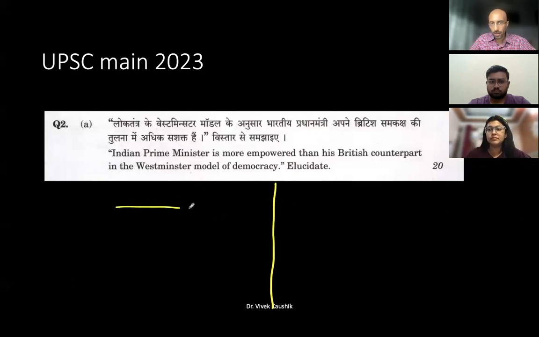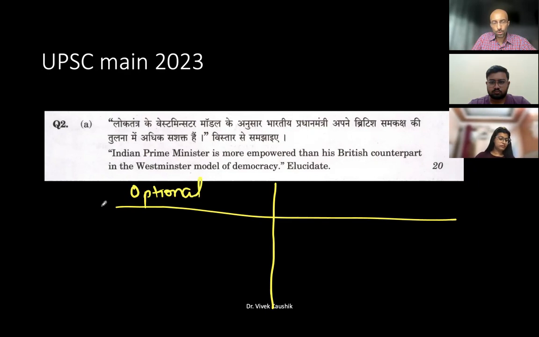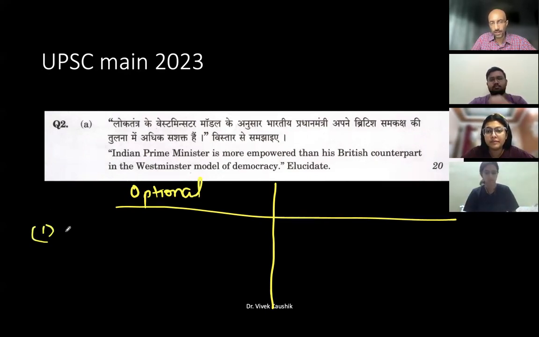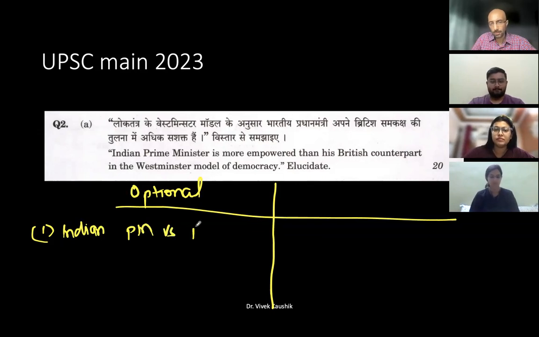So if we compare optionals, two questions have been asked in the recent few years. One is the comparison of the Indian Prime Minister versus the British Prime Minister, the topic for today's class.